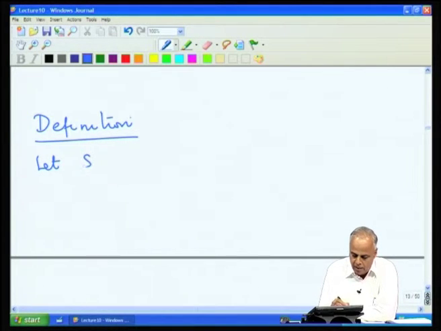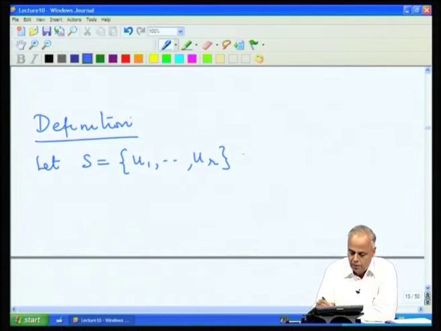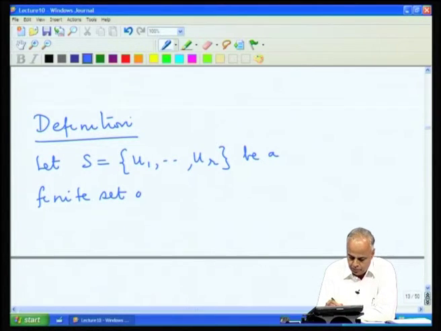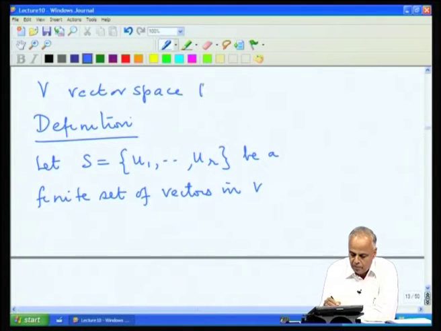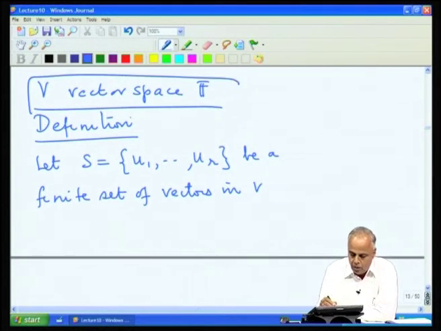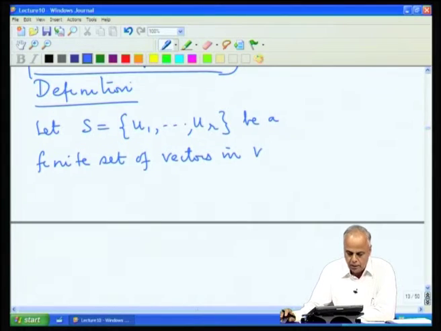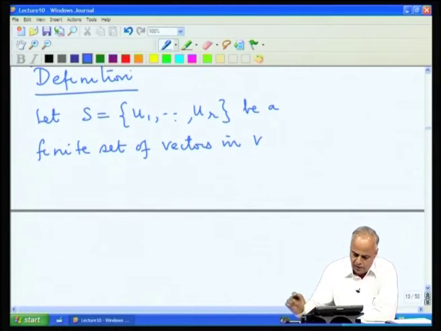Let S equal to u1, u2, ..., ur be a finite set of vectors in V. Of course, our universe is always a vector space V over a field F. All the work will be done in a vector space V over a field F. So, let us take a finite set of vectors u1, u2, ..., ur in a vector space V.